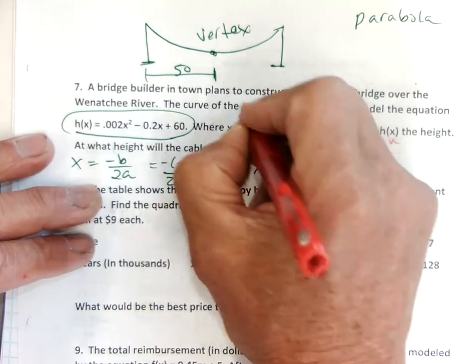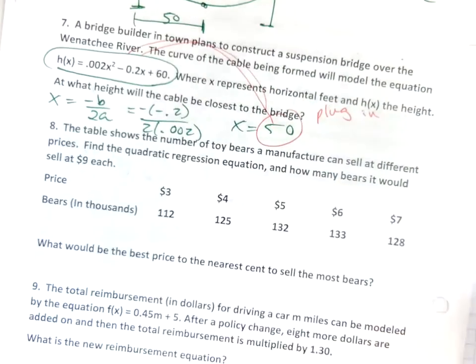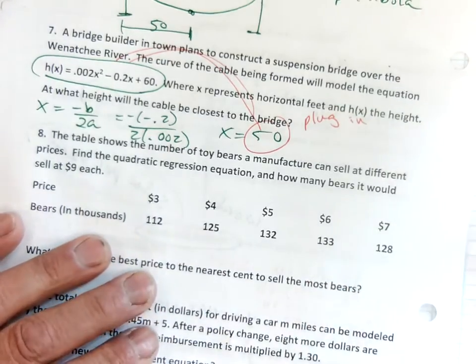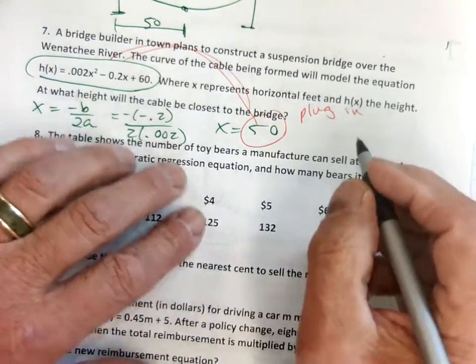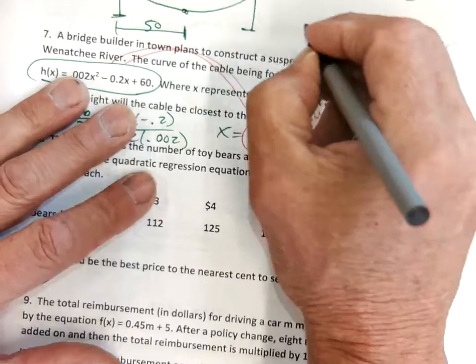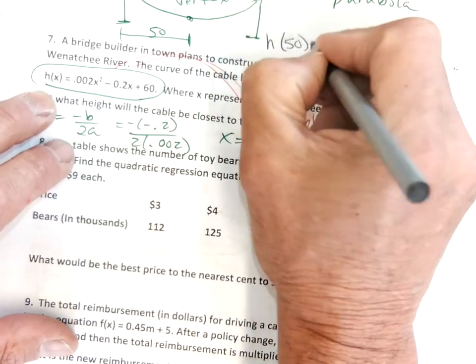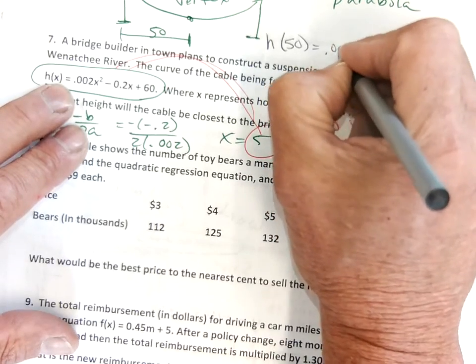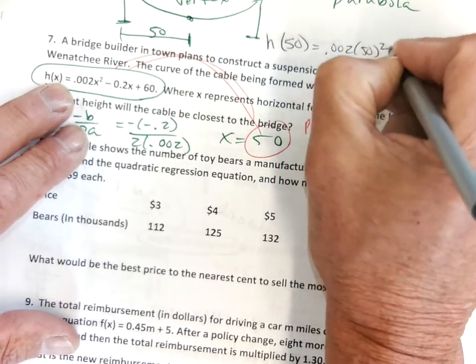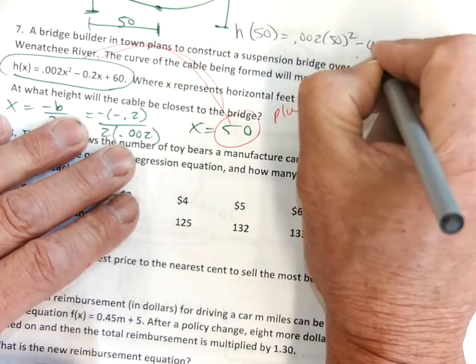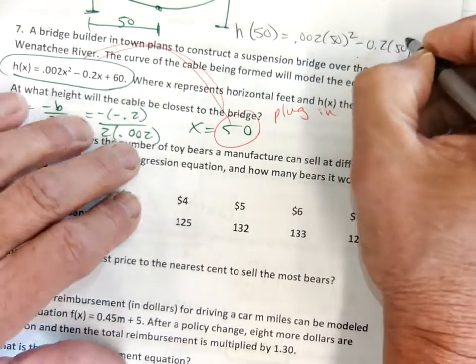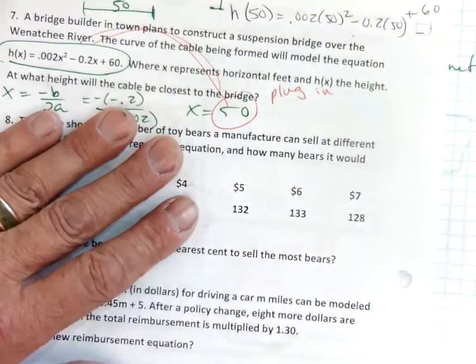So I plug it into my equation: h of 50 equals 0.002 times 50 squared minus 0.2 times 50 plus 60.